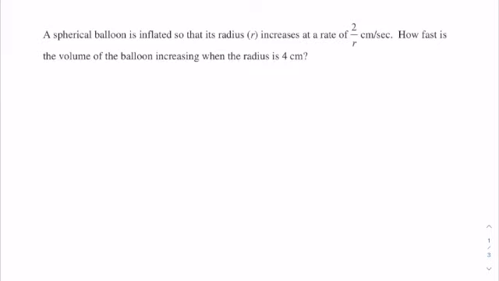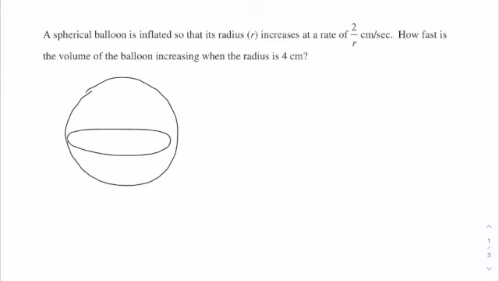Okay, so first of all, we are given that we have a sphere, and the radius of the sphere, so this distance, r, is increasing at a rate of 2 over r centimeters per second. So whenever you're given a rate or how fast something is changing, that means that you are given a derivative.